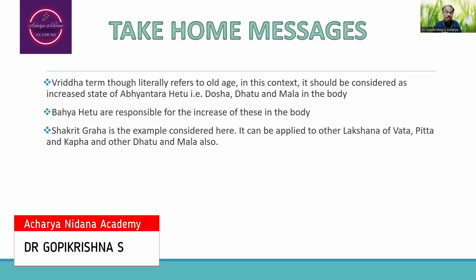Bahya Hetu are responsible for the increase of these components in the body. Shakrit Graha is the example considered here. It can even be applied to the lakshanas observed due to the abnormal increase of Pitta or Kapha or the other 7 Dhatu or all the major Mala or excretory products.